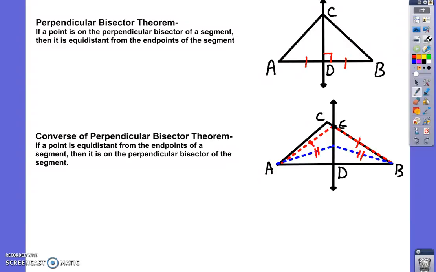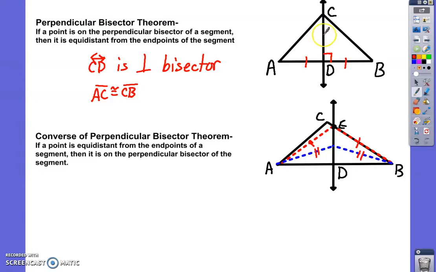If a point is on the perpendicular bisector of a segment, then it is equidistant from the endpoints of the segment. So if CD is a perpendicular bisector, then any point that's on CD is going to be equidistant to A and B. So that means AC has to be congruent to, equal in length to, CB.